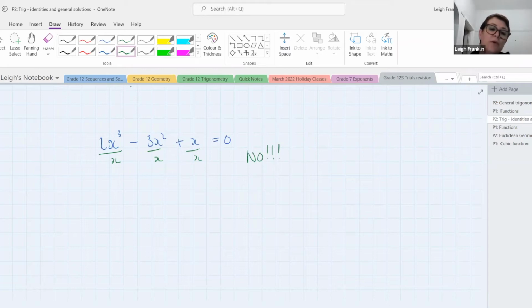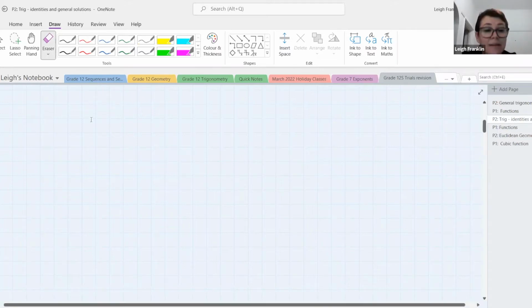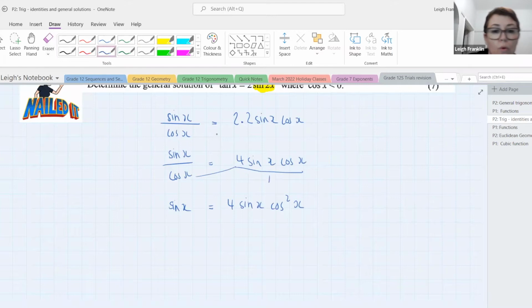We can't do that because if we divide by x, we're losing one of our solutions. So we cannot divide by sine theta. It's not an identity, and we will end up losing marks for that. I'm very glad that you said that because it's given us something to talk about.